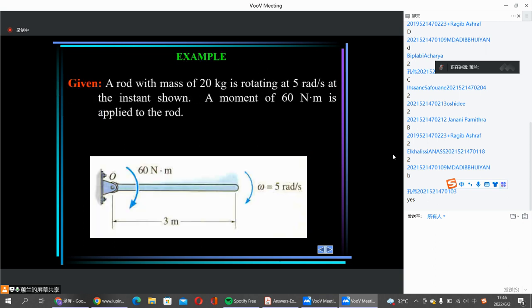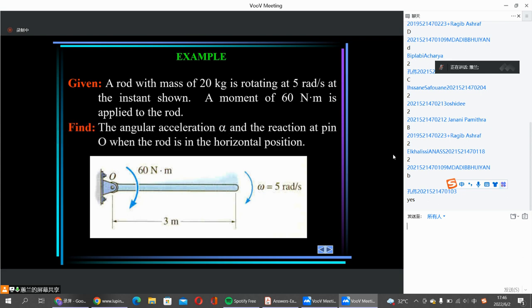So let's solve together. A rod with a mass of 20 kg is rotating at 3 meters per second at the instant shown. A moment of 60 Newton meter is applied to the rod. We need to find the angular acceleration alpha and the reaction at the pin O when the rod is in the horizontal position.